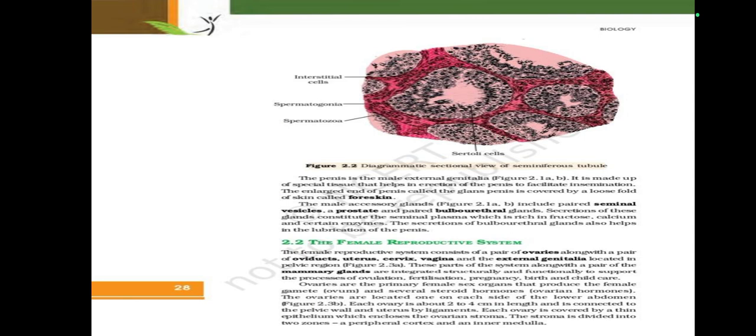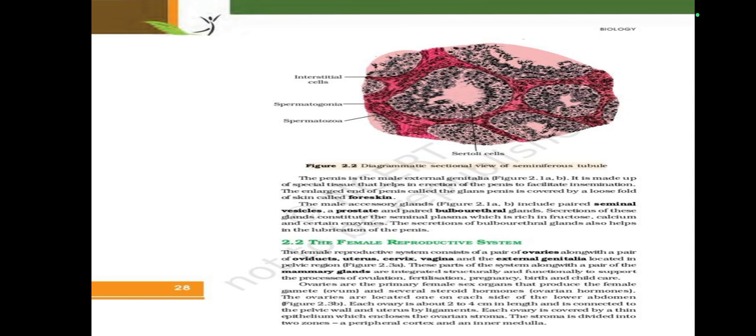The male accessory glands, figure 2.1a, b, include paired seminal vesicles, a prostate, and paired bulbourethral glands. Secretions of these glands constitute the seminal plasma, which is rich in fructose, calcium, and certain enzymes. The secretions of bulbourethral glands also help in the lubrication of the penis.